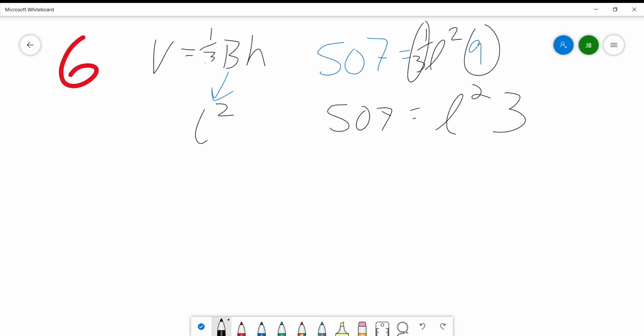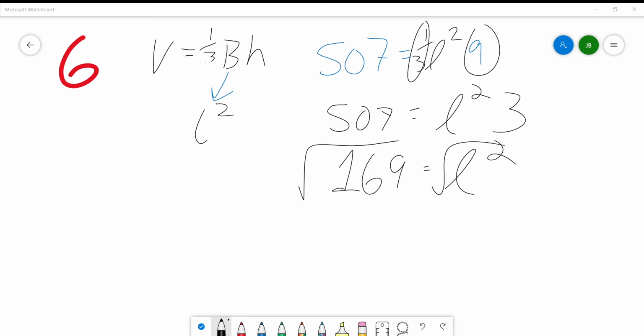Then I divide both sides by 3. So 507 divided by 3. Wake up, calculator. Equals 169. Equals L squared. I square root both sides. So the square root of 169, 13 equals L.